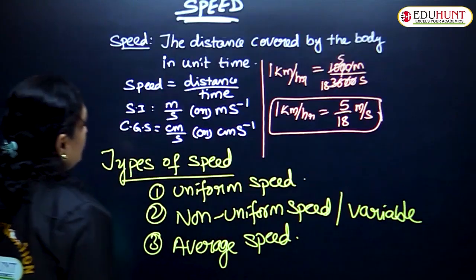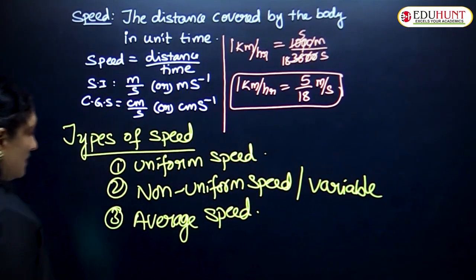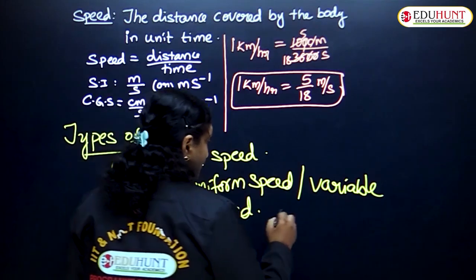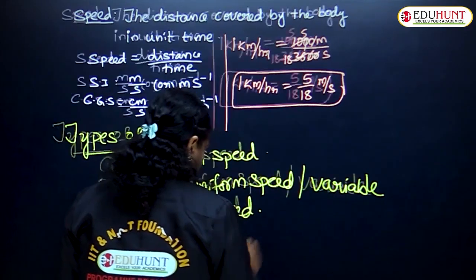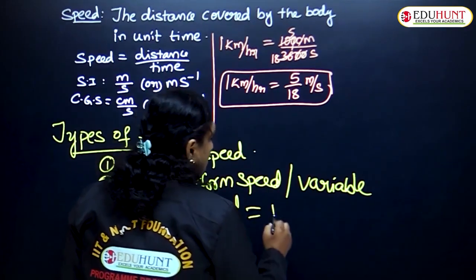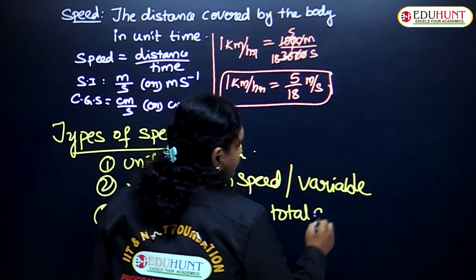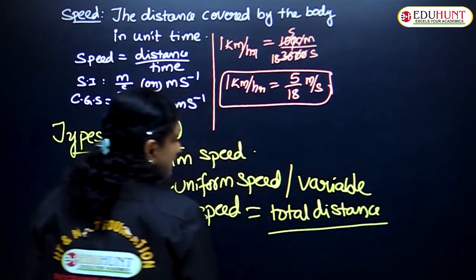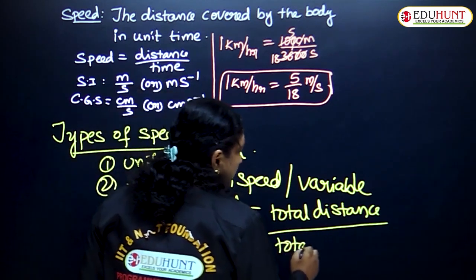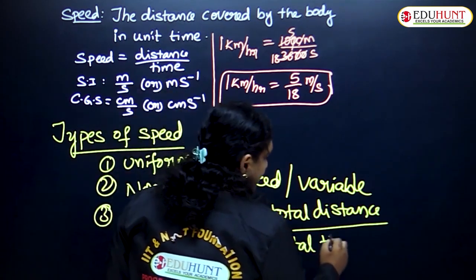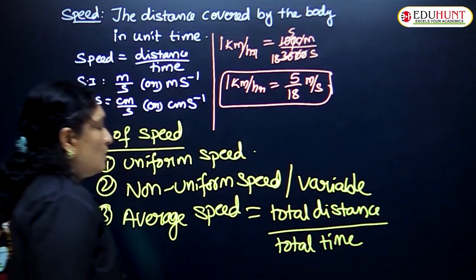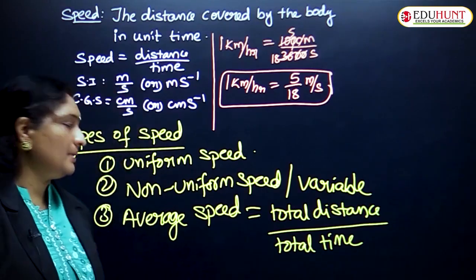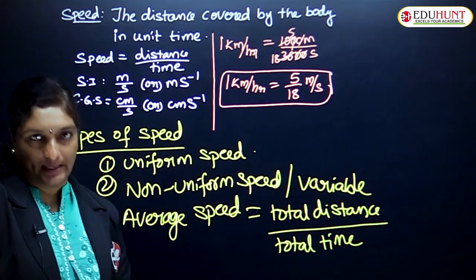To begin with, average speed is defined as the total distance covered by the body divided by the total time interval. The total distance covered by the body divided by the total time interval gives your average speed.